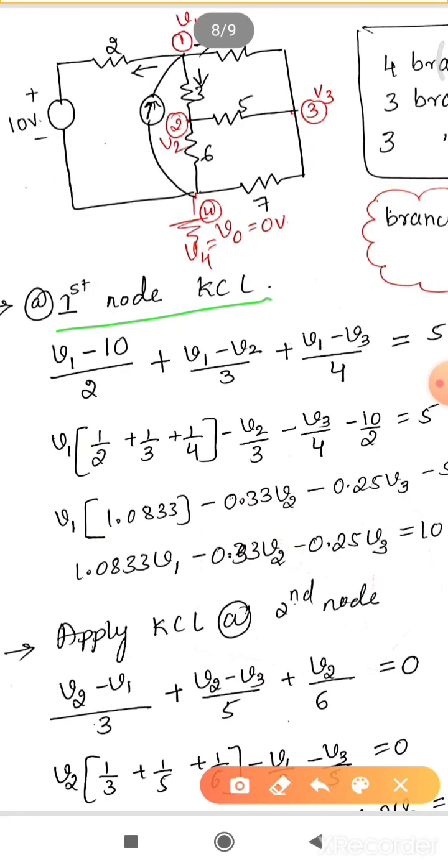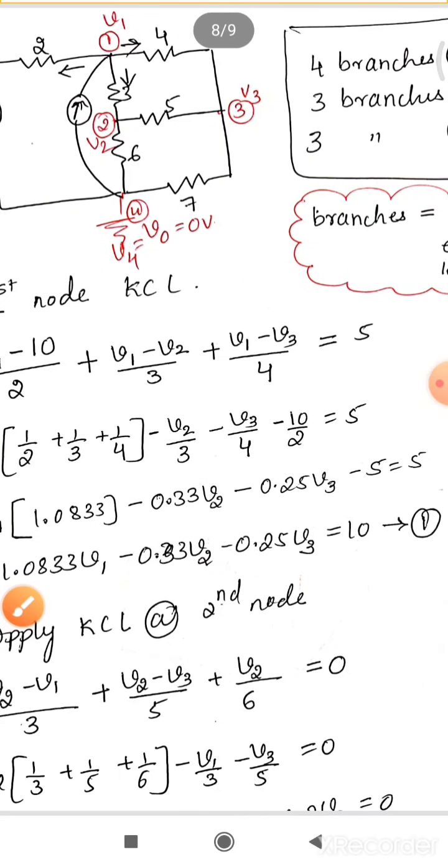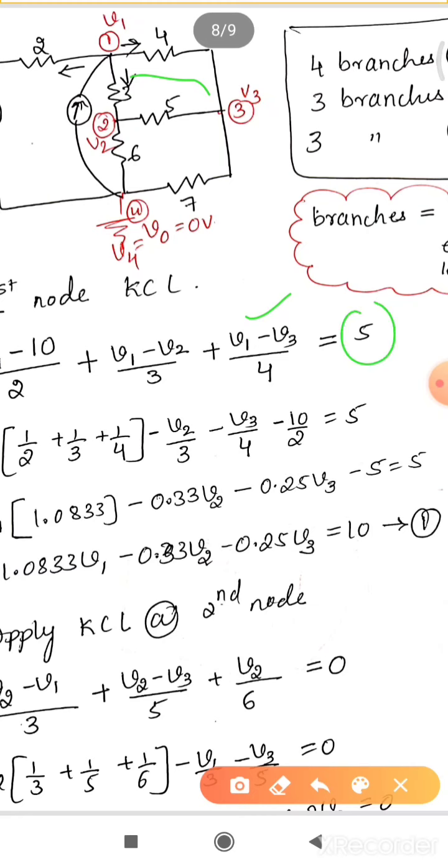So V1 minus 10, divided by 2 ohm, plus the second one is connected between V1 and V2, so V1 minus V2 divided by 3. Okay, and next the third branch is 4 ohm, V1 minus V3 divided by 4, which is equal to the current source. We have to write the current source which is entering, so we have taken plus 5.